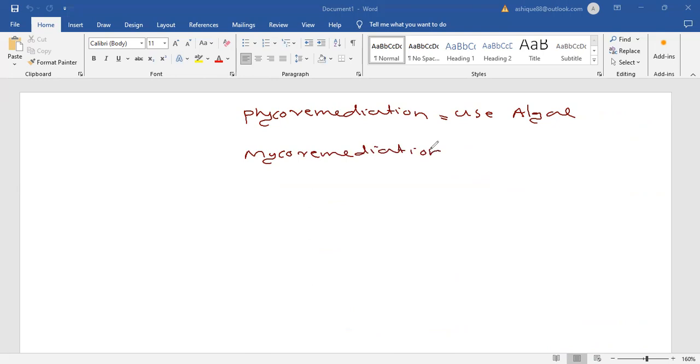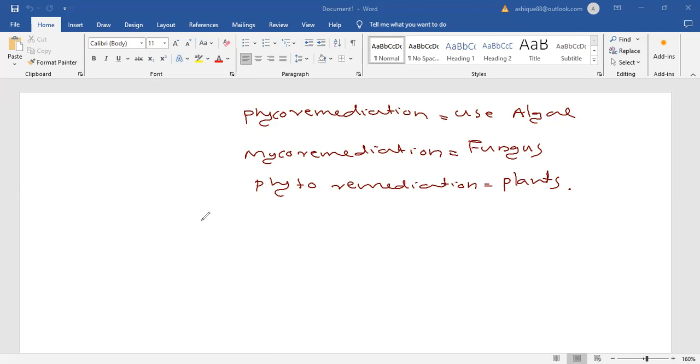If you are using fungus, that is called mycoremediation. If you are using plants, that is known as phytoremediation. Phytoremediation is a process of using plants.